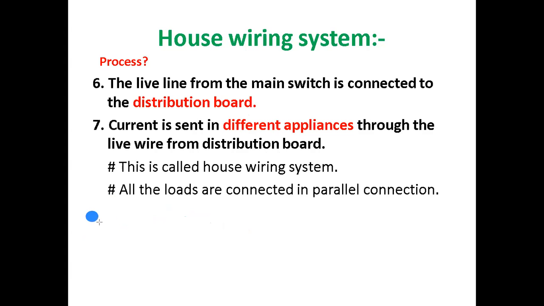This red is the phase line, therefore I write here plus, and blue is neutral, and I write minus. Series means, for example, if there is one fan, it is not applicable in a house. I just want to show you what a series combination is.